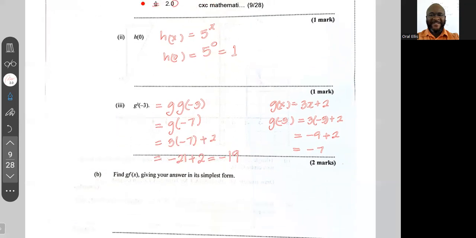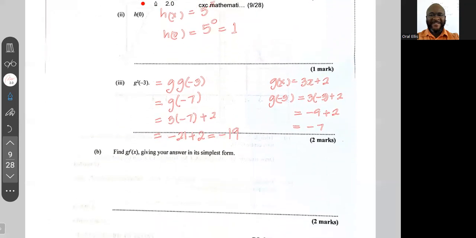The B part of the question says, find g of f of x, giving your answer in its simplest form. Now, g of f of x is a composite function. Literally, you're going to form a composite function by putting one function inside of another function. So here, to get g of f of x, I'm going to put the function f inside of the function g.